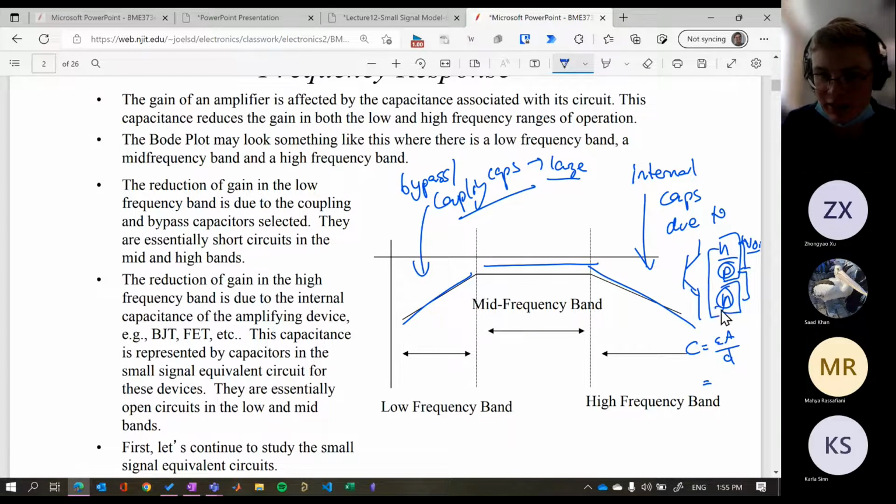So there's no capacitance between our collector and our emitter. There's one between base and emitter, and one between base and collector. This one we call C mu, this one we call C pi. So they're what's affecting this high frequency band.